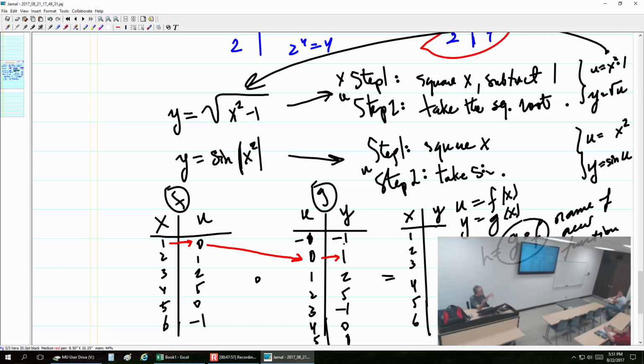So that's a composition. And if there are prices, and you know the price of the cattle in dollars, and you know the price of corn in dollars, then you can combine them together, and you will know the relative value of corn in terms of cattle.